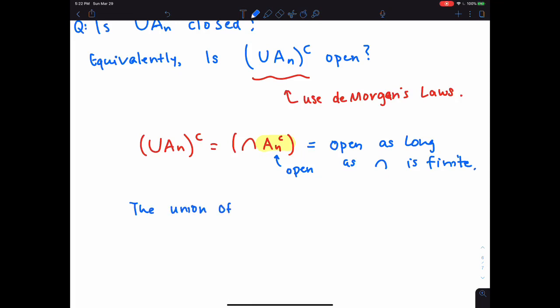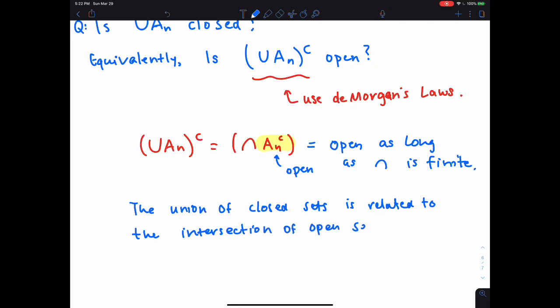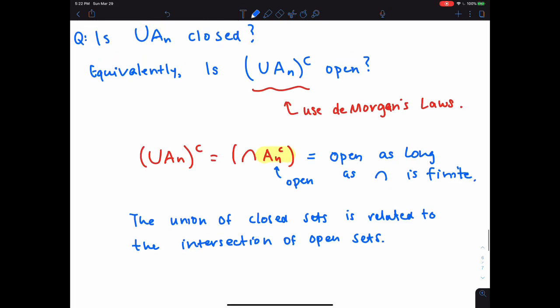The union of closed sets is related to the intersection of open sets. And we can make a similar statement if I wanted to ask whether the intersection of A_n is closed. Then that would be related to the union of open sets.